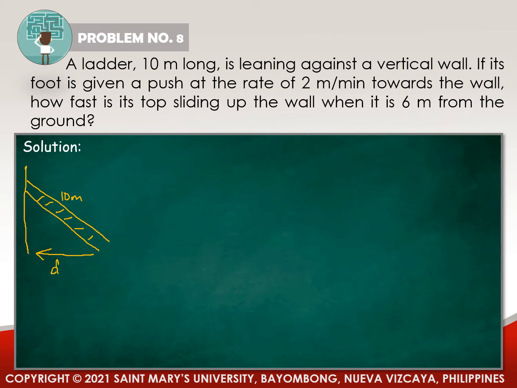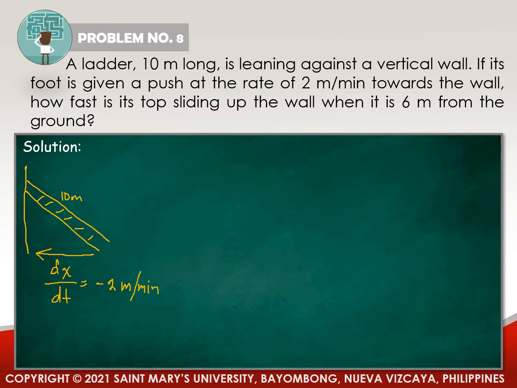So, let's say this is x. With respect to time, decreasing siya, so negative 2 meters per minute, kasi it will be pushed towards the wall. So, paikli ng paikli yung distance from the wall to the foot of the ladder. So, it means negative 2 meters per minute.